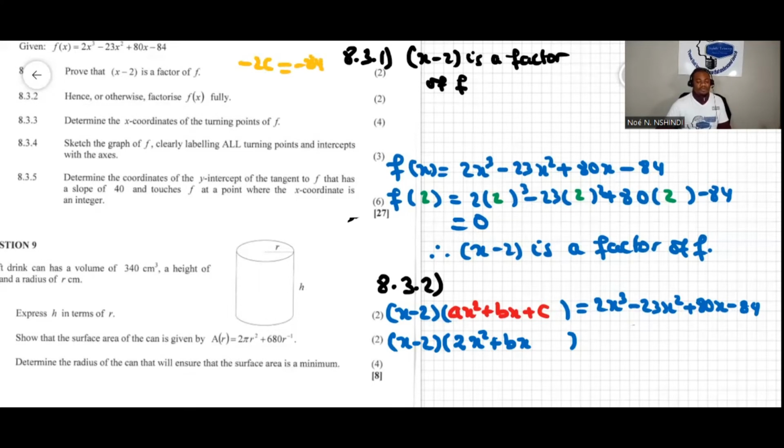If I need to find the value of c, I must divide by minus 2 on both sides. And then that makes c equal to 42. So c is positive 42 here.